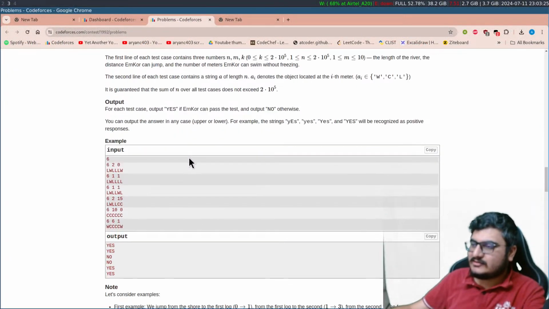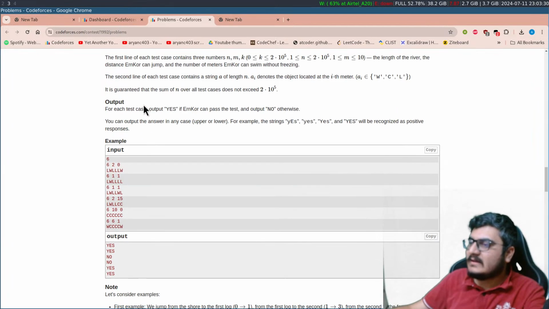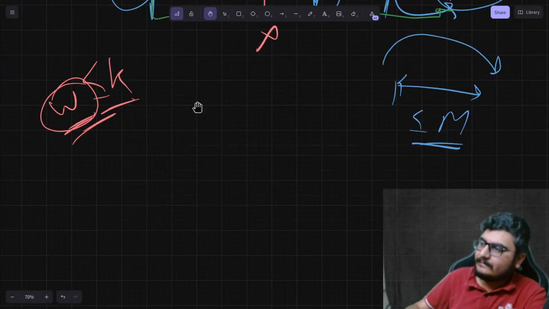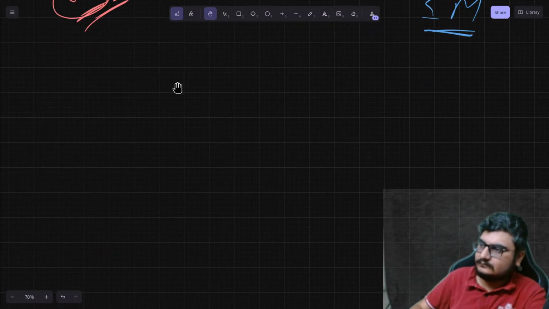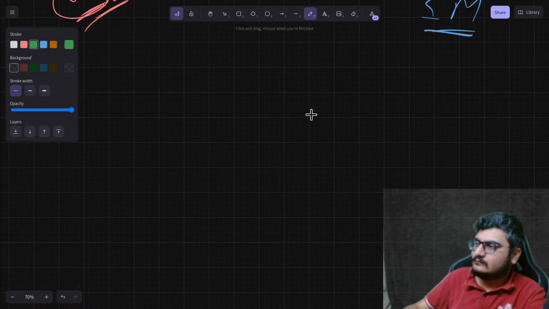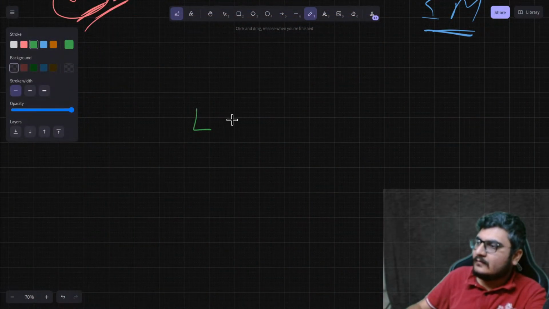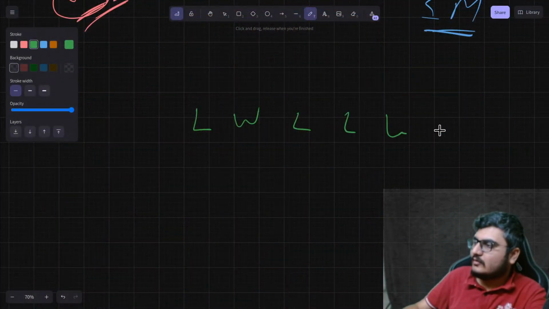I will take some samples to illustrate. The first sample says we can jump 2 times, but we can never go in water. That is not a good sample here, but anyway, let's take it. So the first sample says we have a log, water, log, log, log, water.